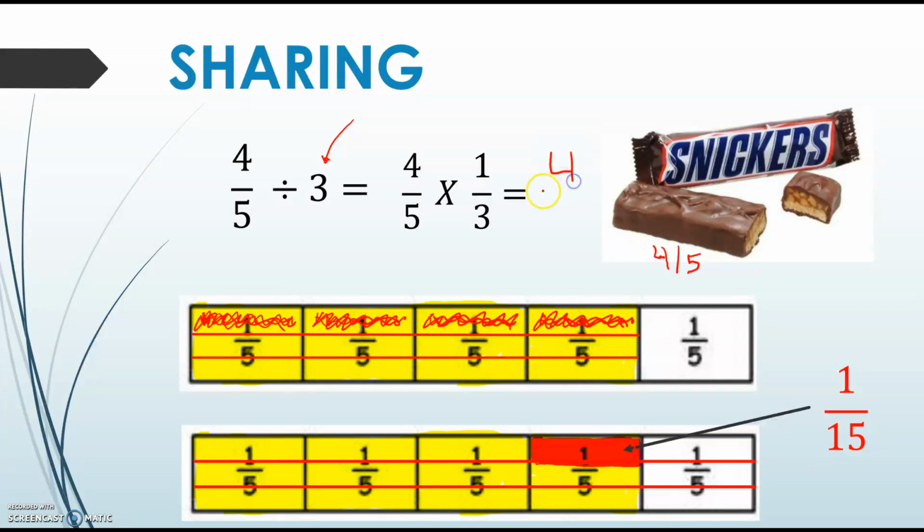And if I do that, you can see here when I multiply across, 4 times 1 is 4, and 5 times 3 is 15, I get the same answer that's in my model. So dividing by 3 is the same thing as taking 1/3 of something or multiplying by 1/3.